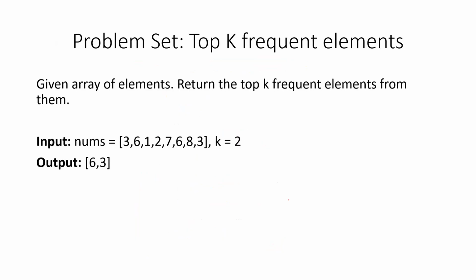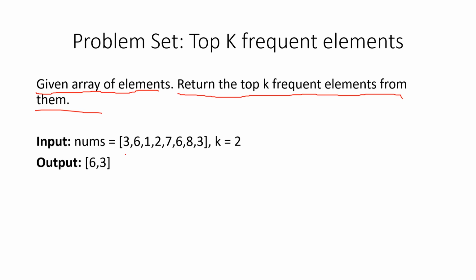Okay. Next, we need to find the top k frequent elements from the array. So we have an array of elements, and we need to return the top k frequent elements from them. Again, it's a problem similar to the problems that we have solved before.